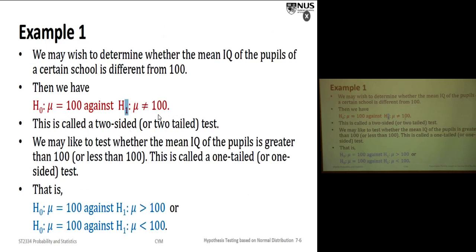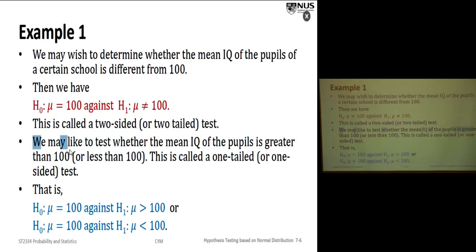This is a hypothesis which is maybe fairly unlikely, and really we want to reject it from the beginning. This particular type of scenario is called a two-sided test. Two-sided or two-tailed, I prefer the phrase two-sided.